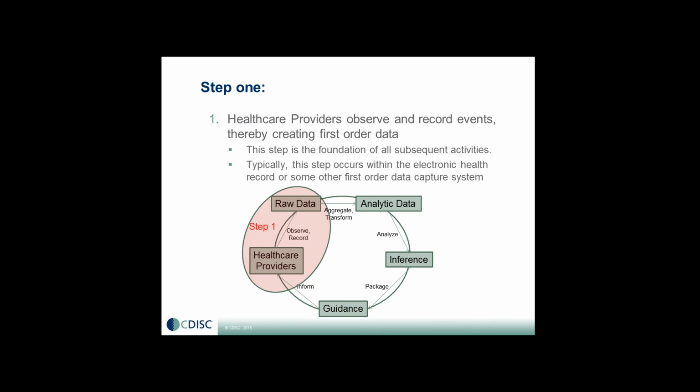An electronic health record would be the primary application in that regard. There are also personal health record systems where patients enter data on themselves. In the research world, there are electronic data capture systems which capture data specific to research. All of these create first-order data representations, which we're calling here raw data.